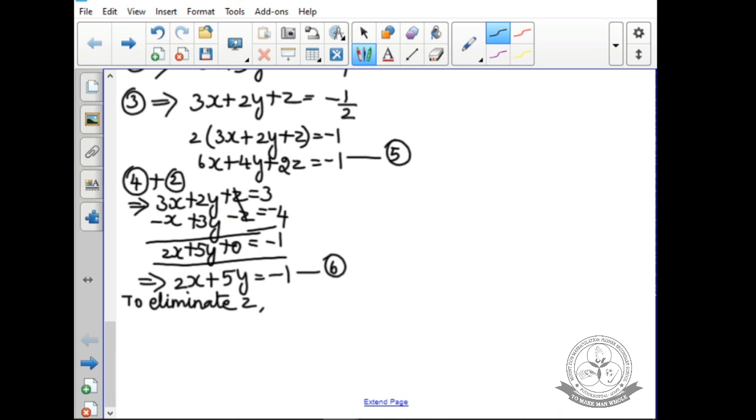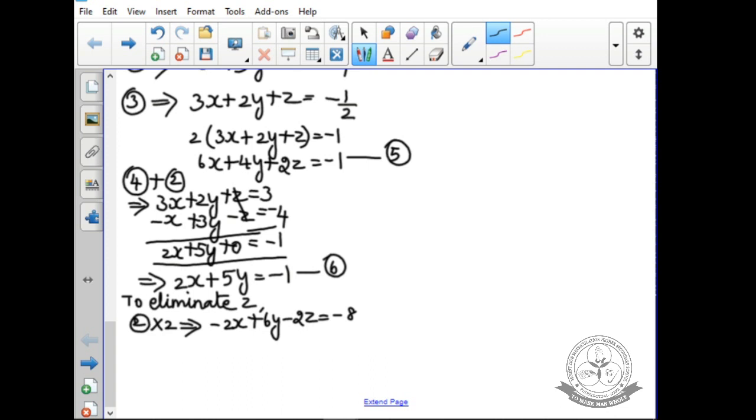Multiplying the second equation by 2, that is minus 2x plus 6y minus 2z equal to minus 8.